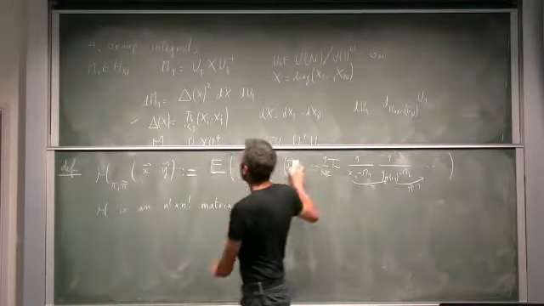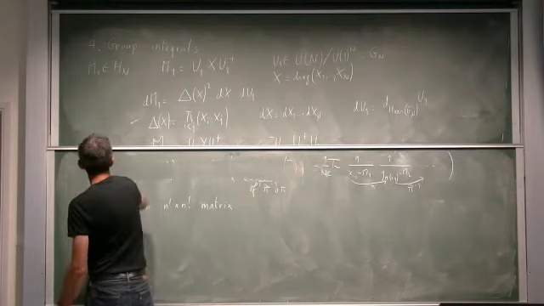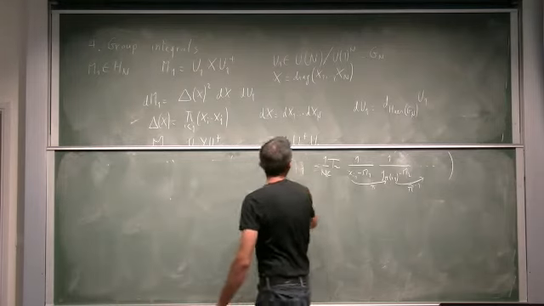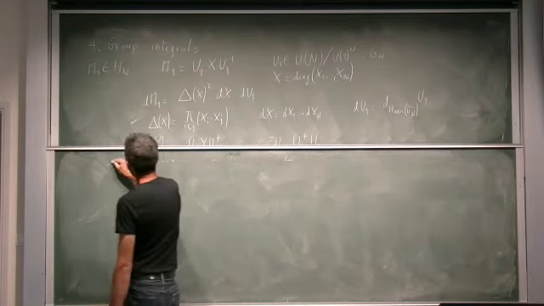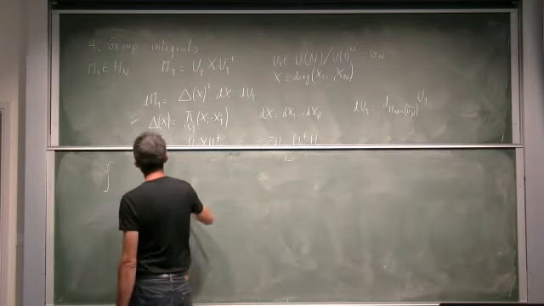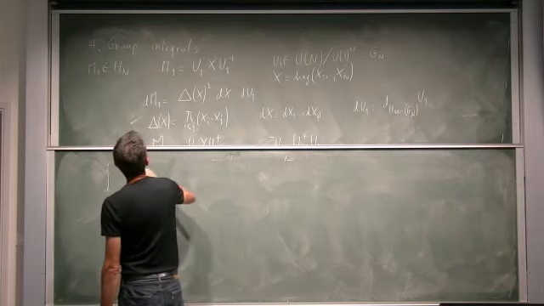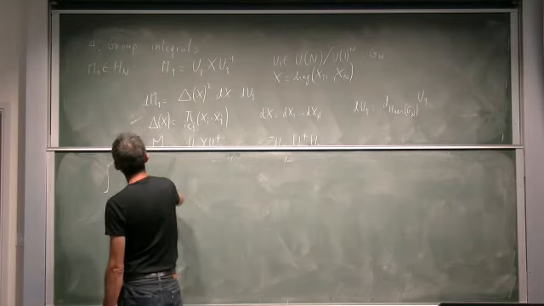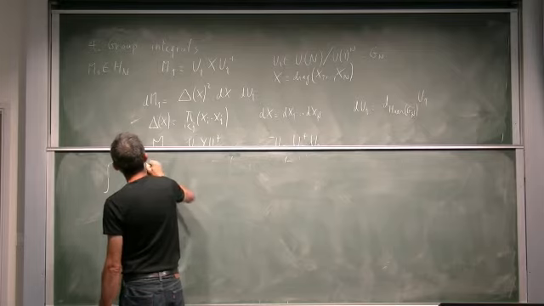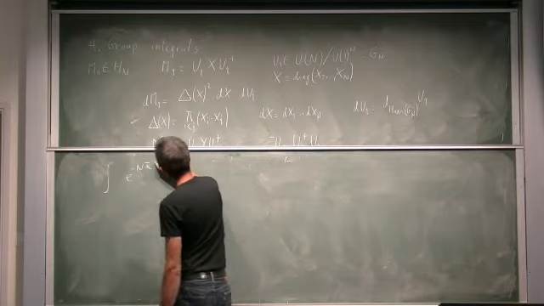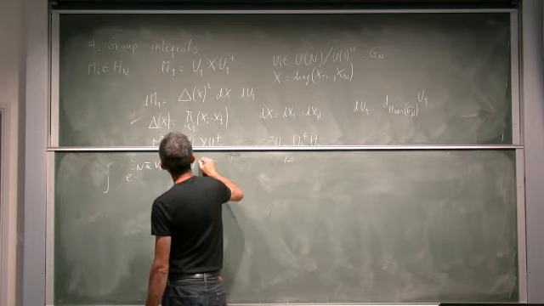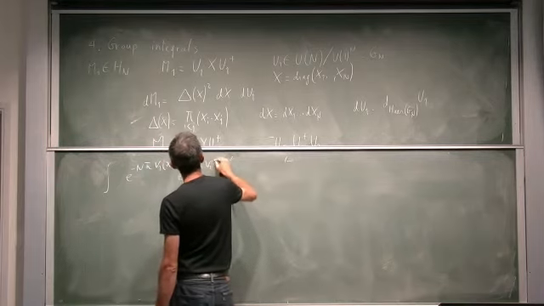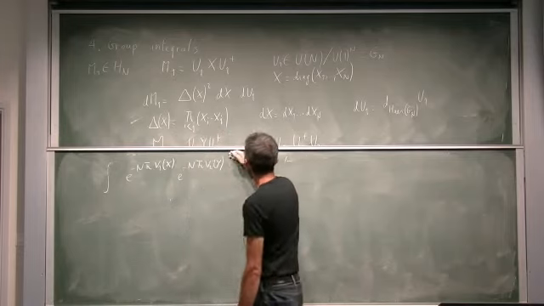Typically, the kind of quantity we want to compute is the integral of dM1, where the probability law was exponential of minus n trace of V1 of M1, which is the same thing as V1 of x, times exponential of minus n trace of V2 of M2, which is the same thing as V2 of y.